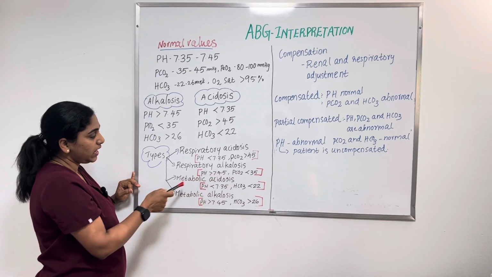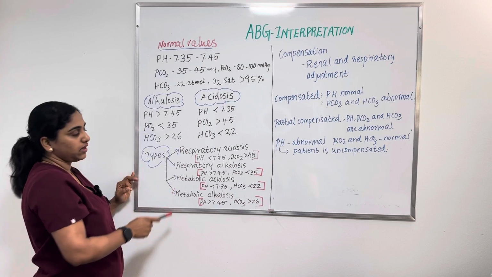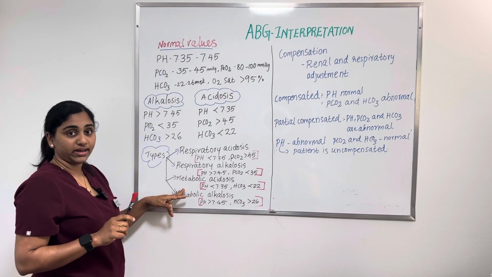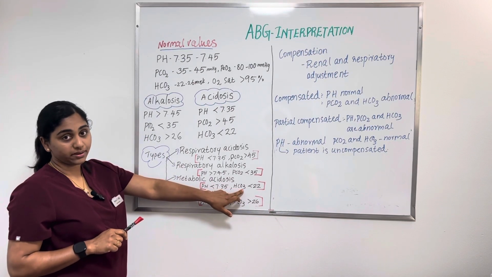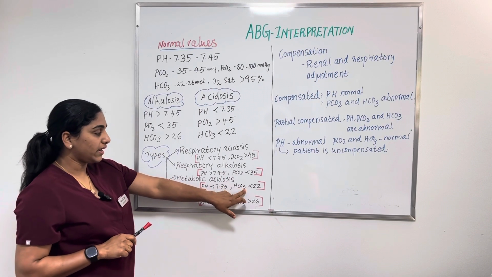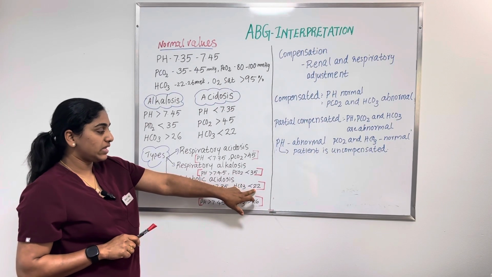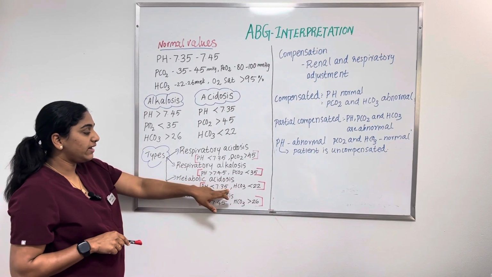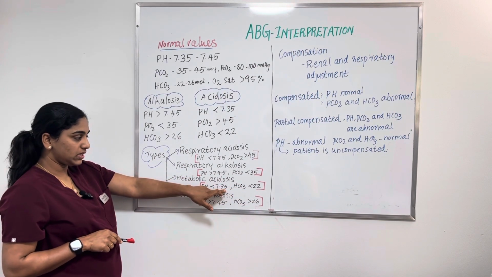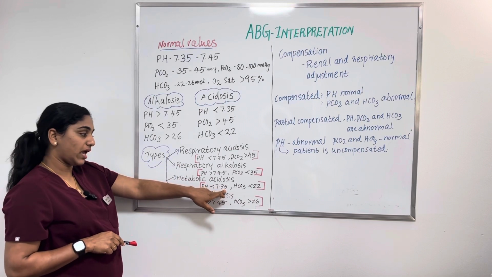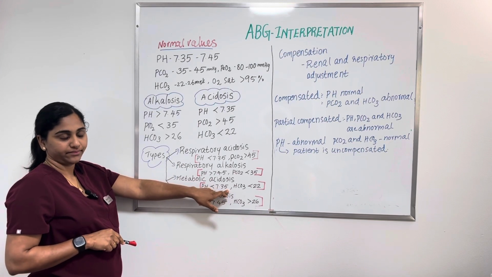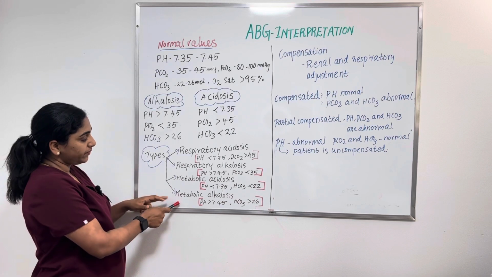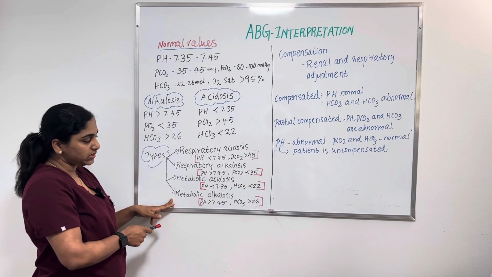In metabolic acidosis, the important thing is that metabolic stands for bicarbonate, okay? If the bicarbonate falls below 22, it can lead to acidosis, which means the pH can be less than 7.35. The final one is metabolic alkalosis.